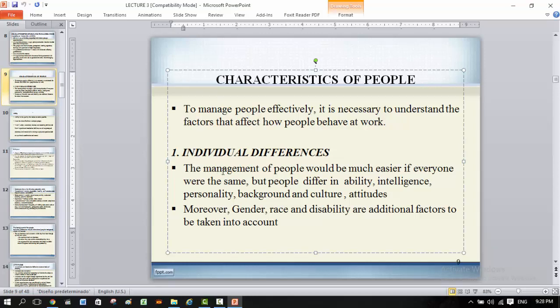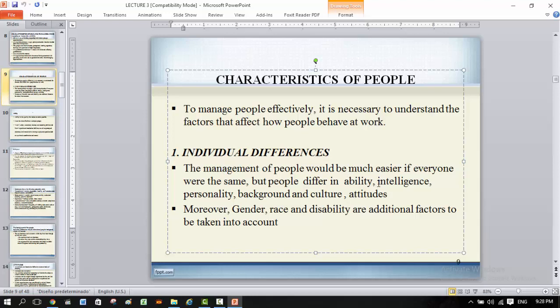We know that all the people do not have the same behavior. The people differ in ability, intelligence, personality, background, culture, attitude. They behave differently. They may have different ability.